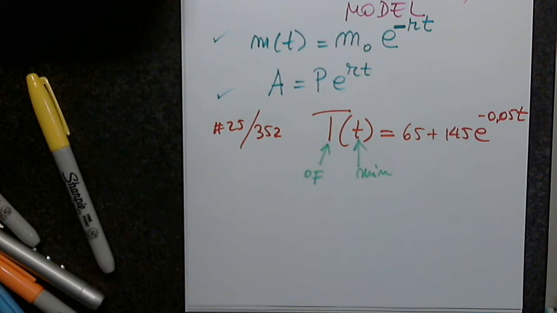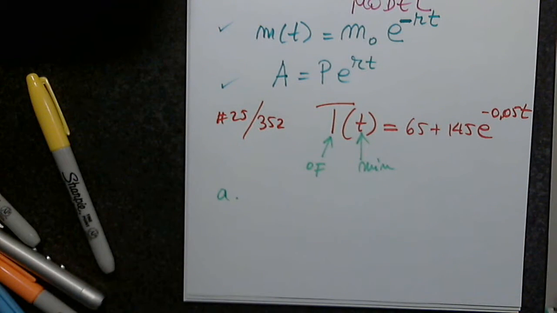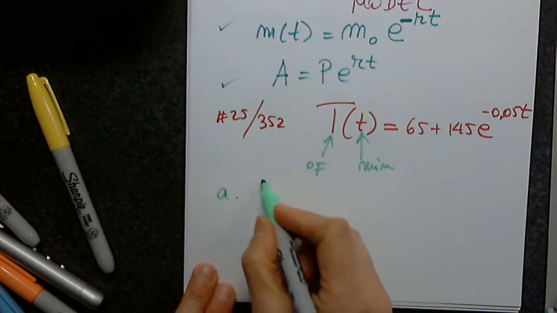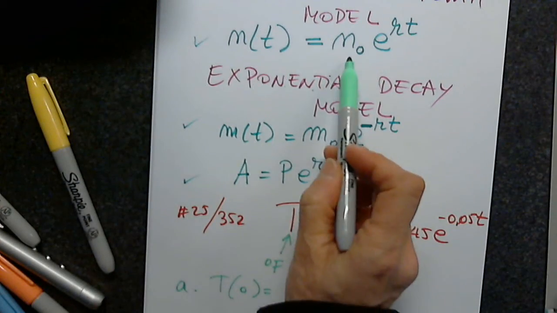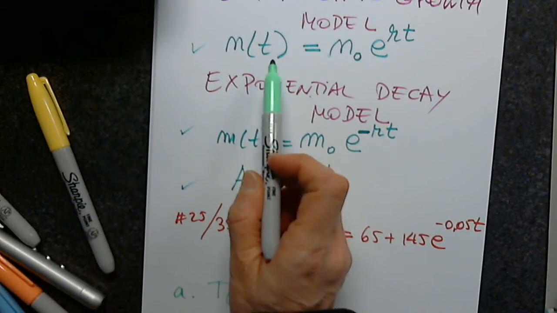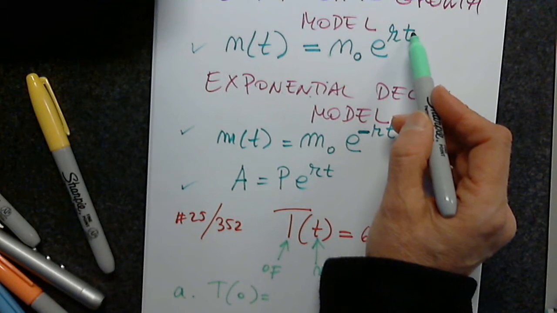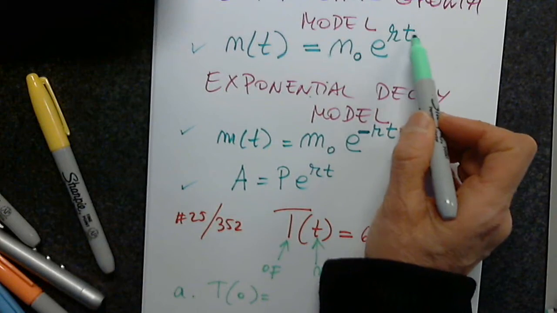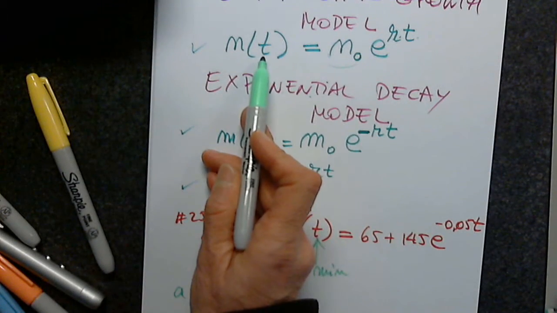What is the initial temperature of the soup? What am I asked to find when I'm asked to determine the initial? Time 0. Exactly. So T of 0. Yes, you're right. It will still be the same thing. So when t is 0, R times 0 will be 0. E to 0 will be 1.